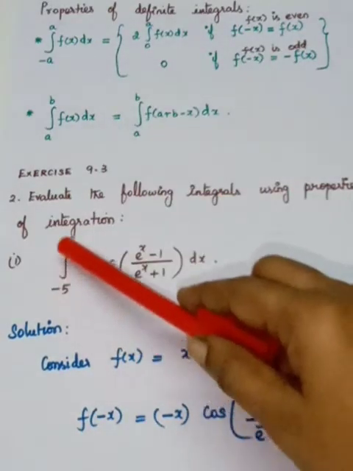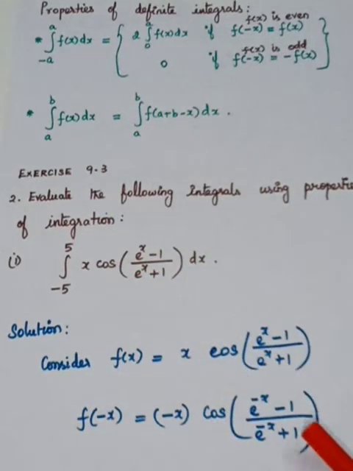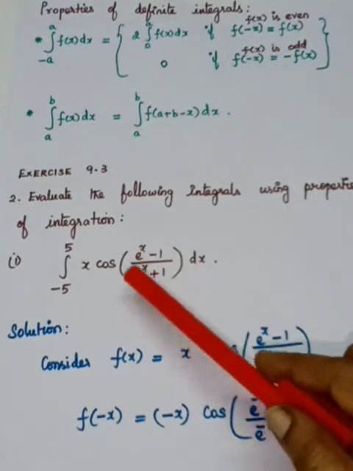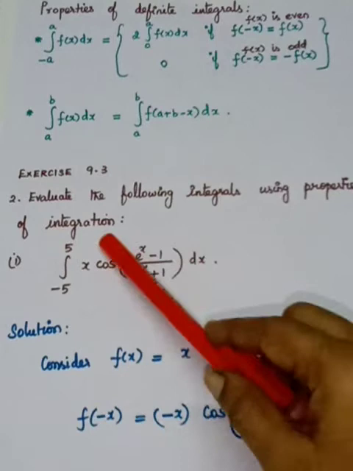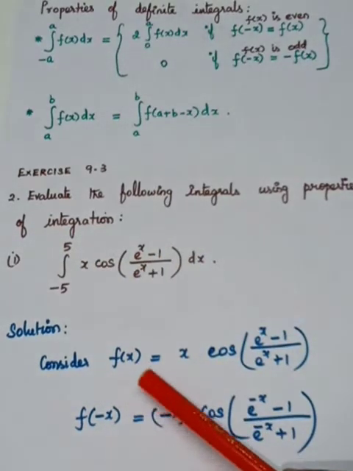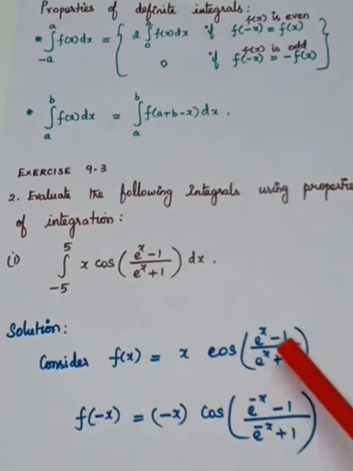If the limit is like that, first you have to check whether the function is odd or even. For that, first you have to consider the whole function as f of x. So f of x is equal to x into cos of (e power x minus 1) divided by (e power x plus 1).